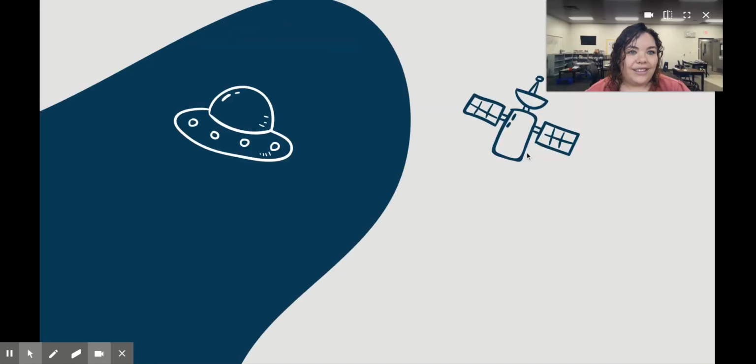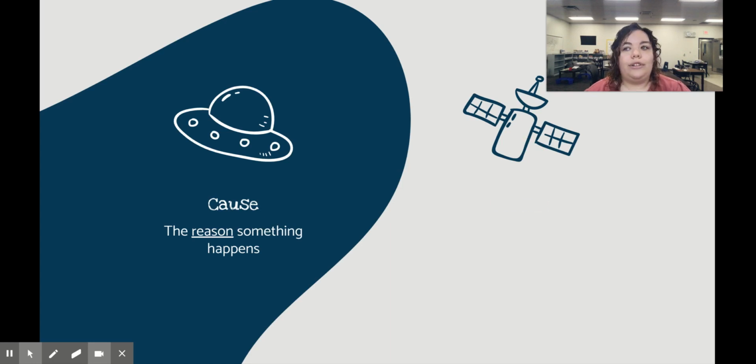So we have a little bit of vocabulary to go over today. This should be familiar to you from last week. The first word is the cause. If you'll remember, that's why something happens, the reason something happens. And then you also have the effect. The effect, remember, is something you can see, or it's also what actually happened.